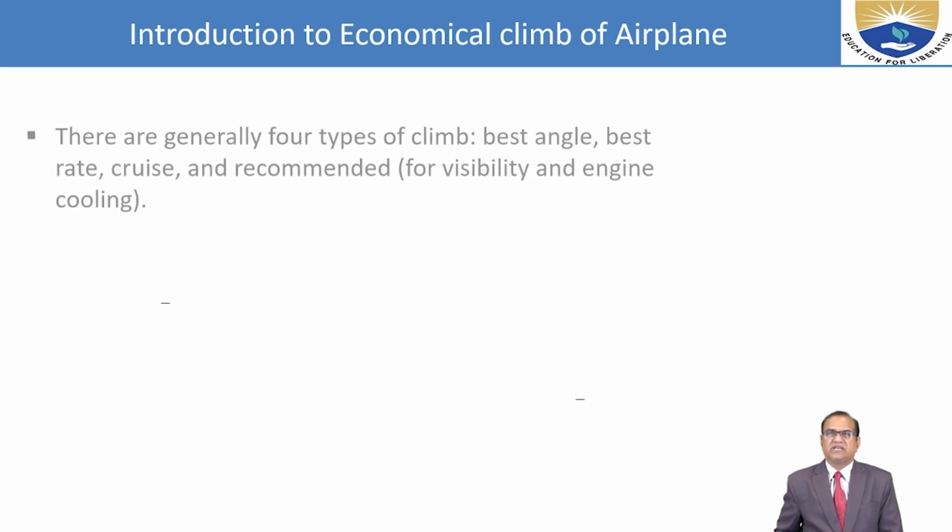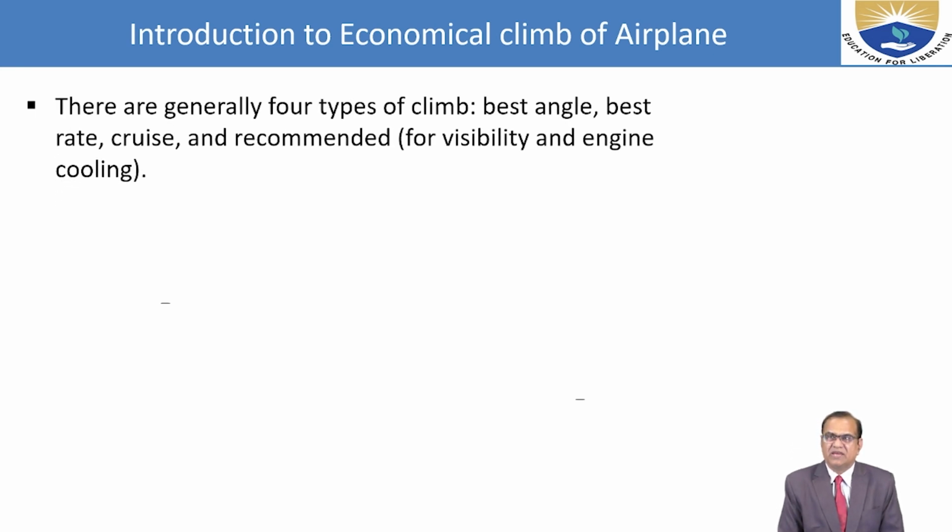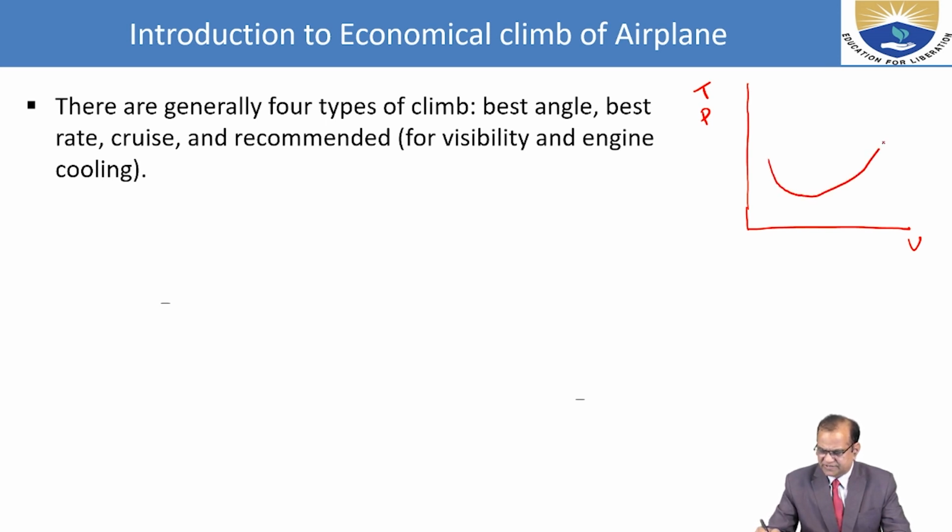So if you see here, the introduction to economical climb of an airplane. To have an economical climb, we should have the least fuel consumption. If you see here, this is the velocity and this is the P or the T. So mostly your aircraft should go like this.